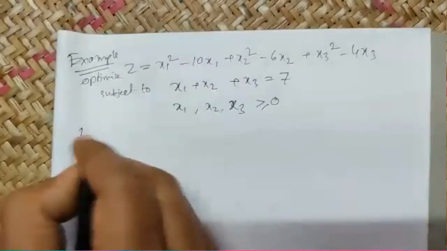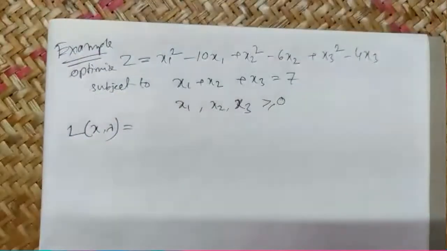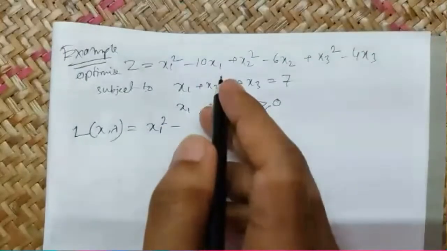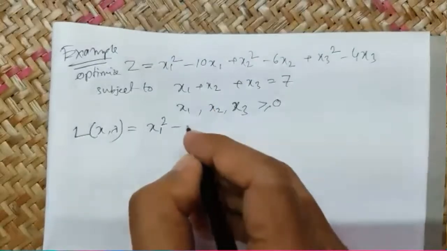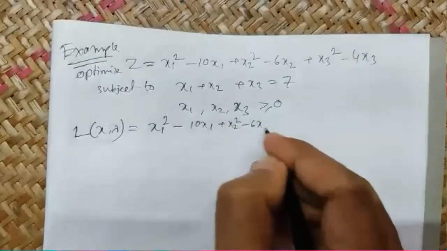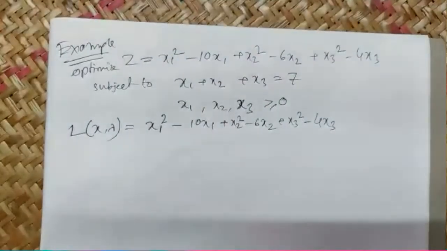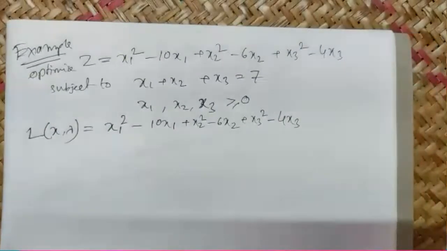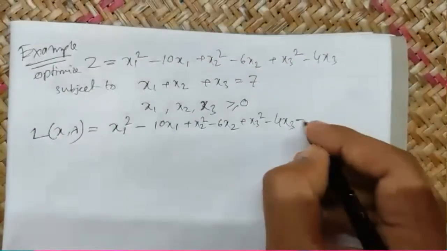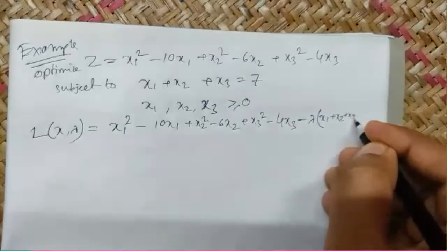So the Lagrange function will be included with lambdas, and we will write the f(x), the given objective function, x1 square minus 10x1 plus x2 square minus 6x2 plus x3 square minus 4x3. This is the function we have written, then minus lambda into x1 plus x2 plus x3.